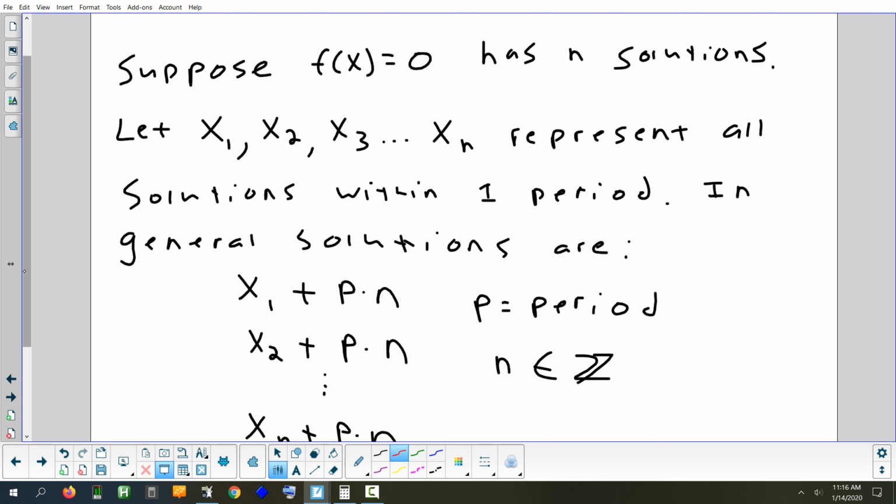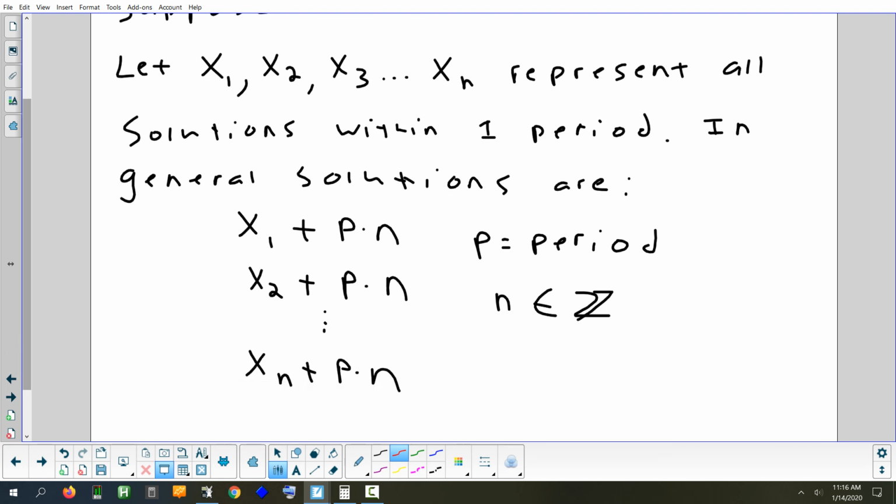Right? So that's what our answers are going to look like today, if they ask for all solutions. Graphing calculator will give us those using intersect. We have to find the period by hand. That's up to us. Questions on that?